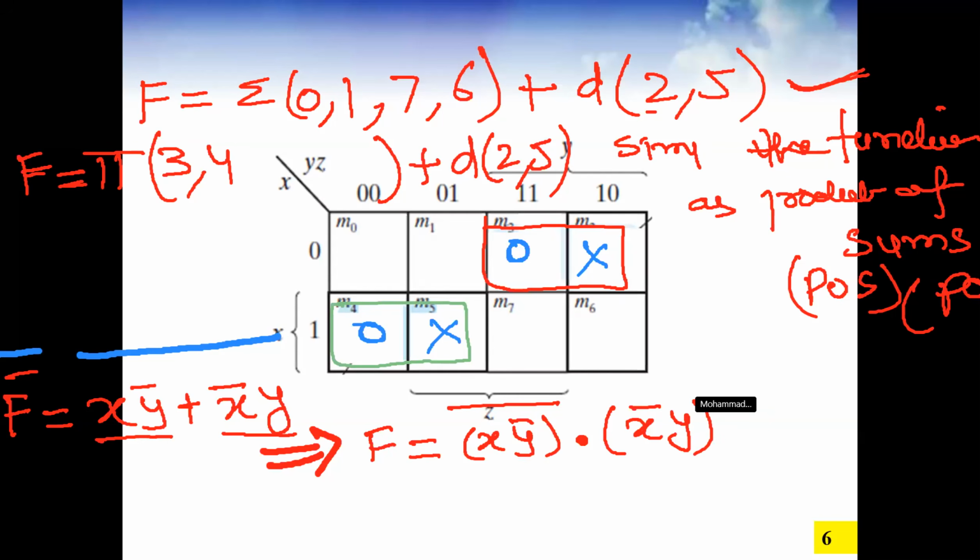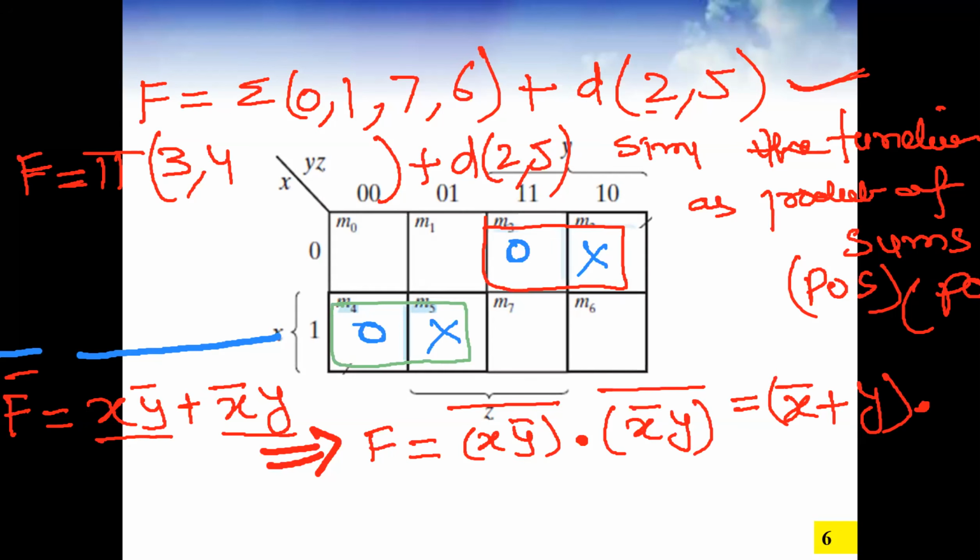Now apply De Morgan again one more time in the brackets individually. So what is it going to be? X complement complement plus Y complement, and plus plus Y. Correct? Yeah. Dot. X plus Y complement.